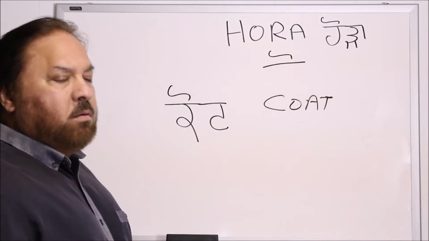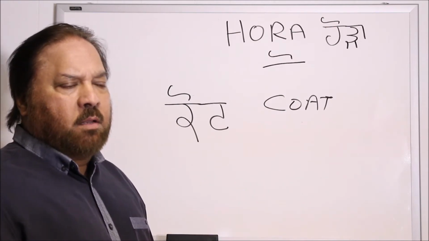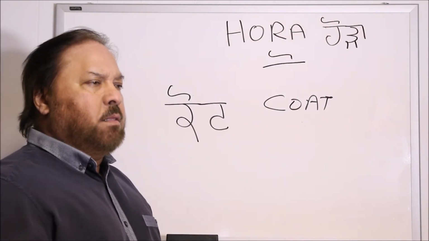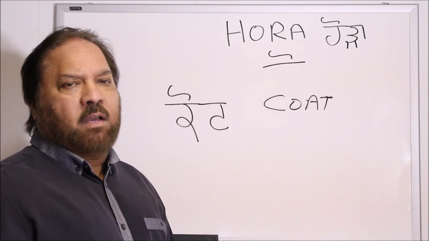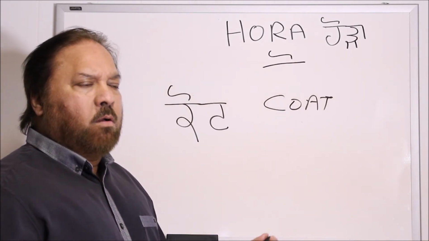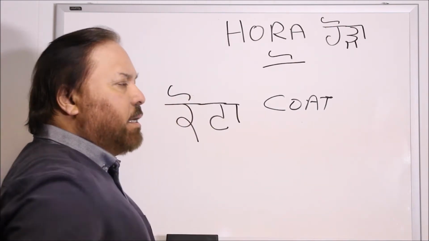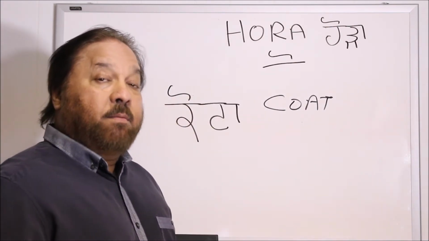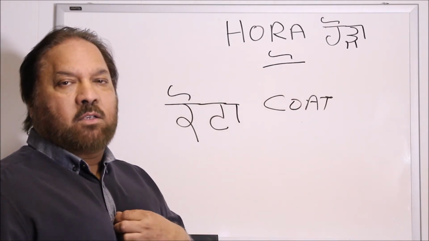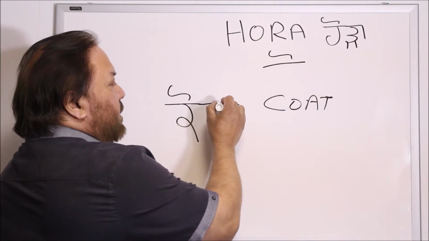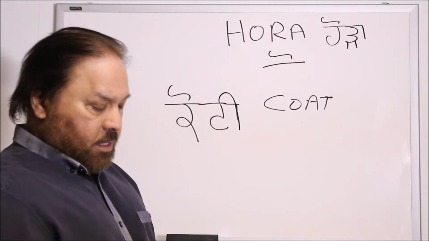If we want to make the sound like kota, because in Punjabi, where we give some sort of allowance to someone, we call it kota. So we can put kanna, and like before, if we write koti, which is some sort of sweater, we can make this sign like this, Bihari, koti.